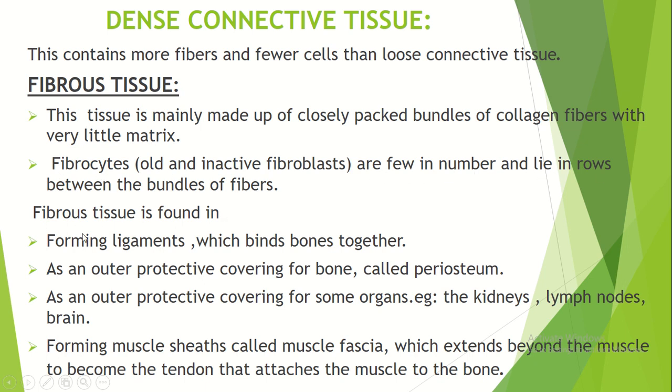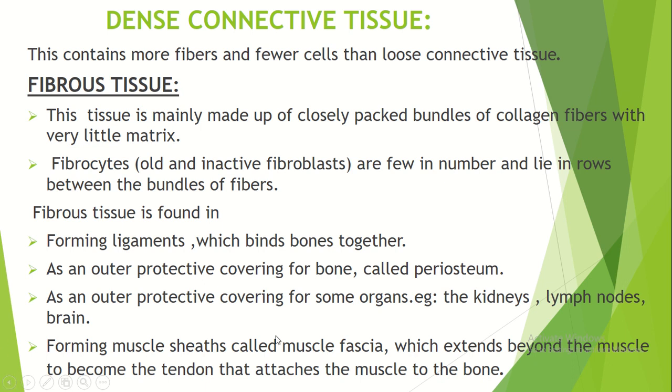Fibrous tissue is found forming ligaments that bind the bones together, and as an outer protective cover of the bone called periosteum. So the outer covering of the bone is called periosteum. We can also find it as an outer protective covering of some organs, for example the kidneys, the lymph nodes and the brain.